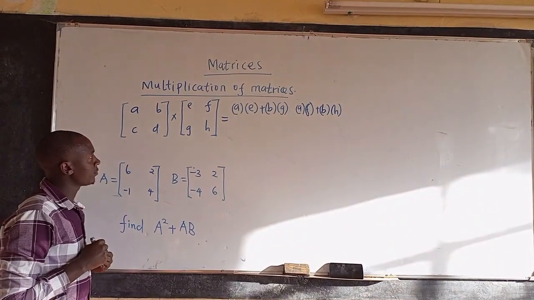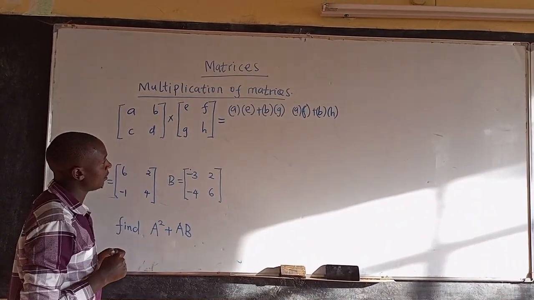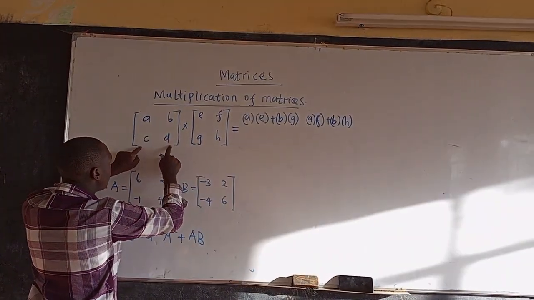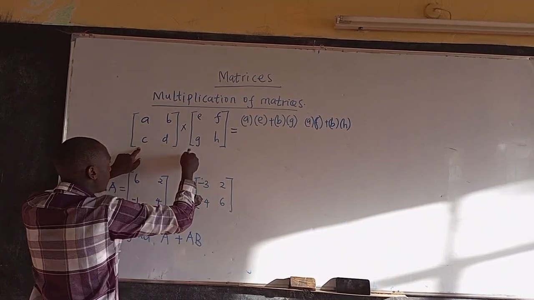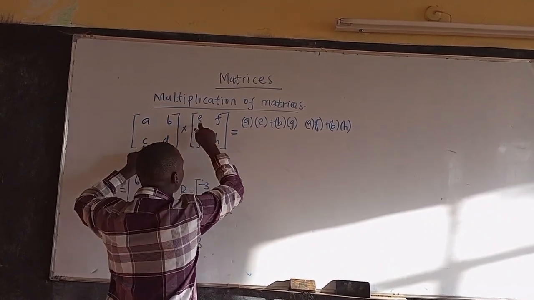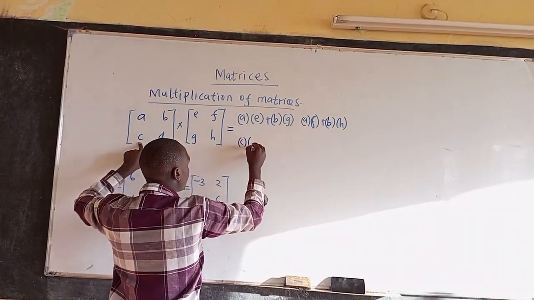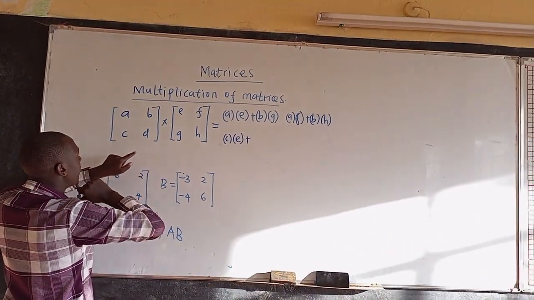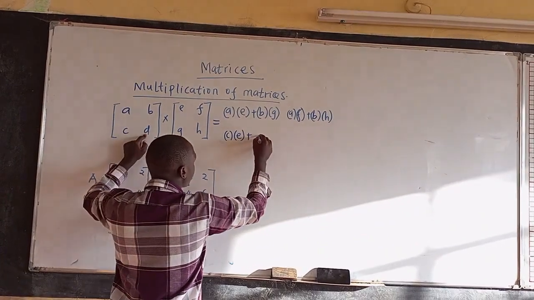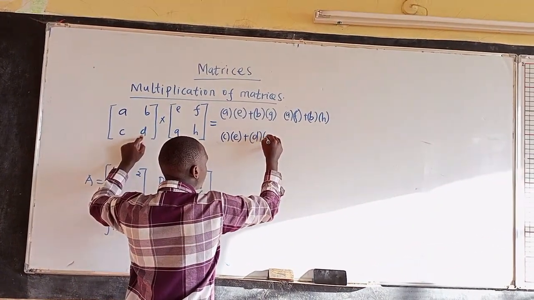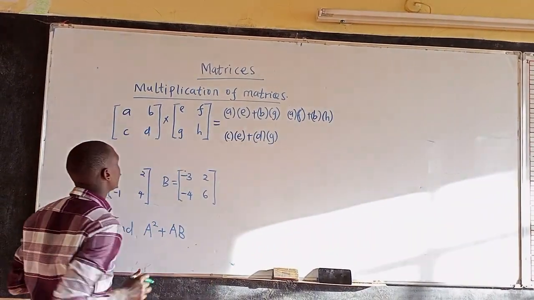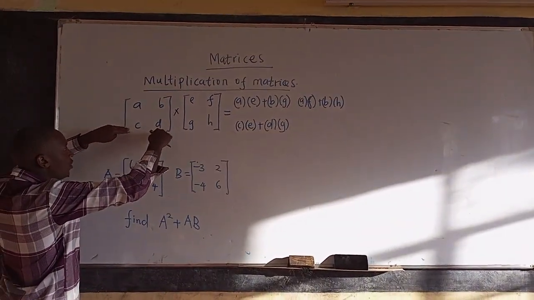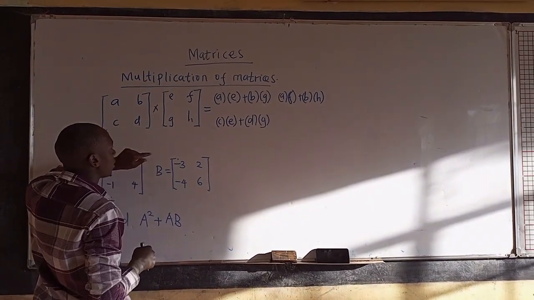Now, for us to find the next element, which should be here, we multiply the second row and the first column. So that's going to be C multiplied by E, and we add that to D multiplied by G. And now the last element is going to be very easy, because we multiply the second row and the second column.